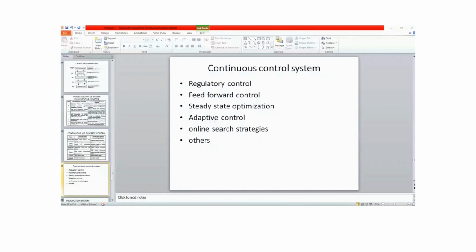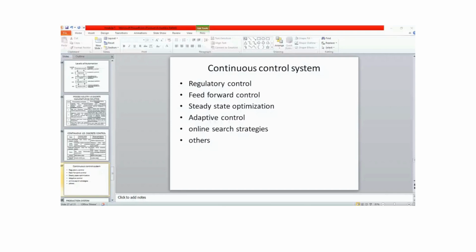That is the objective of the regulatory control system. Next, feed forward control.